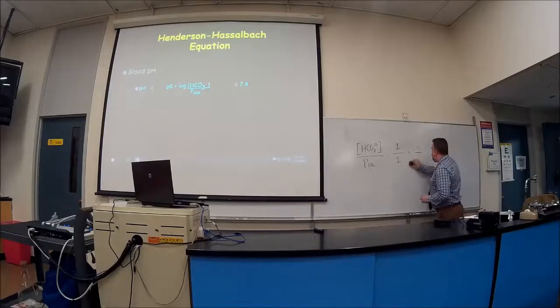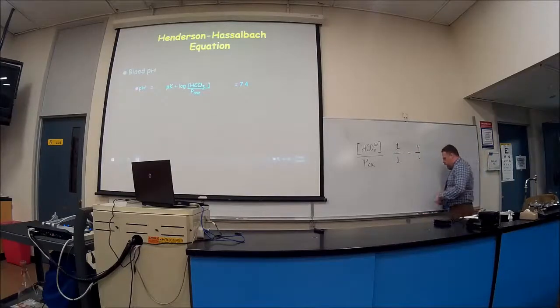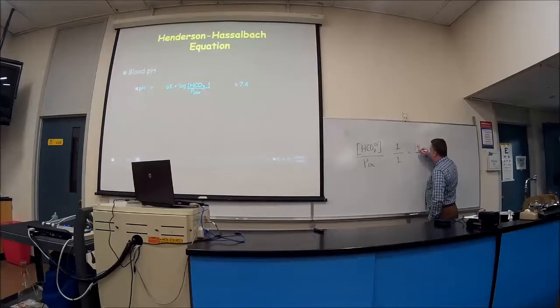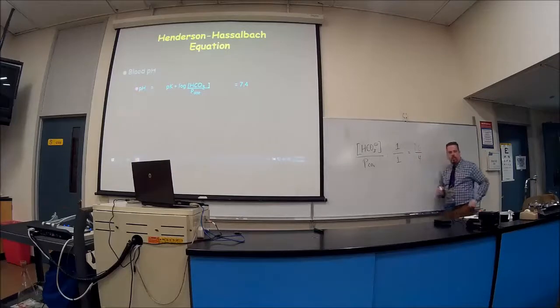Likewise, let me just make sure you understand this concept. If we had this at 4 and 4, and for some reason the bicarbonate is increasing to 6, what organ is going to compensate this? The lungs.